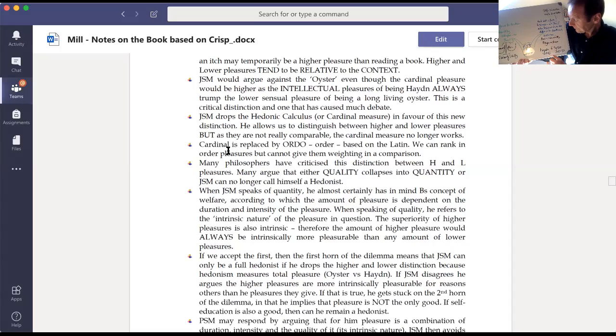And so Haydn and the oyster raises a big problem for Mill, because if he is innovative and he's saying that it is not just utility of pleasure and pain, but now we're going to evaluate welfare, rules, human flourishing, then it's very different to Benthamite hedonistic utilitarianism. And he's also emphasizing self-realization and noble character.